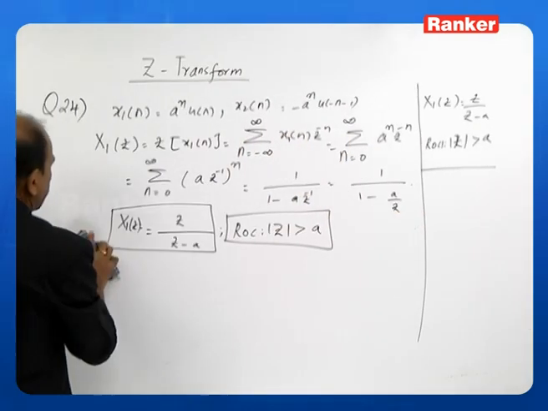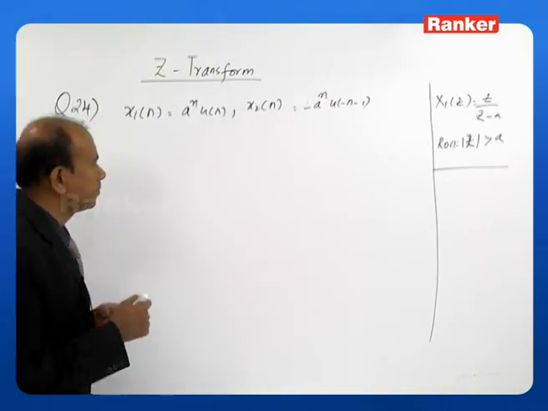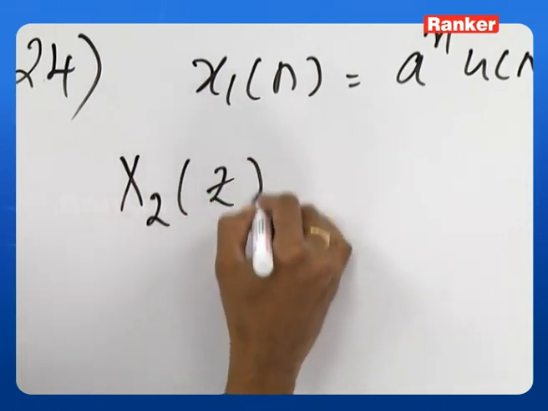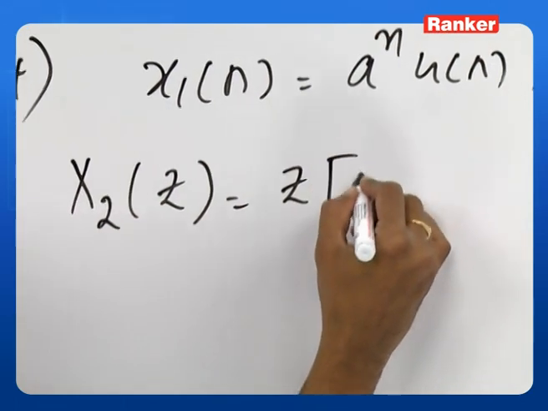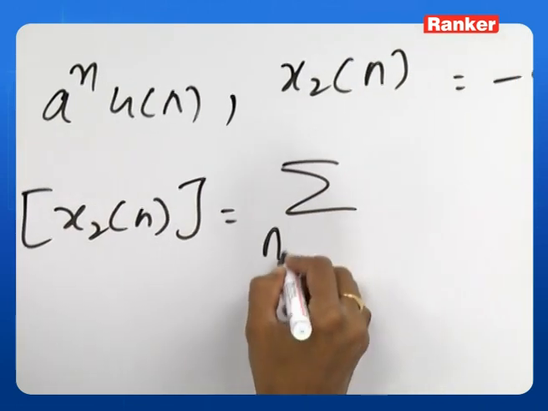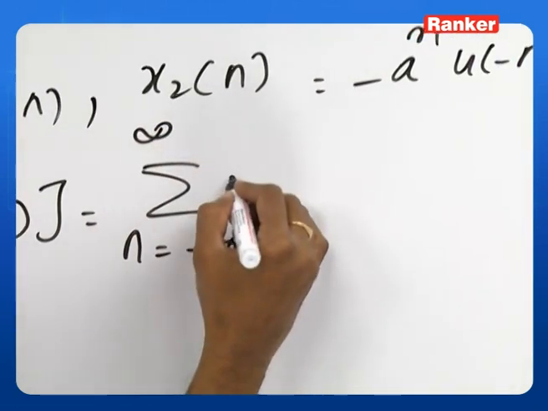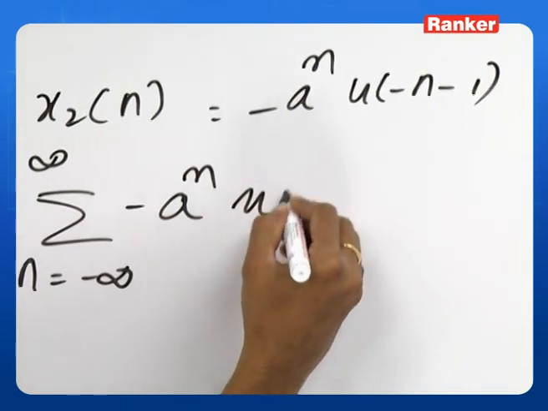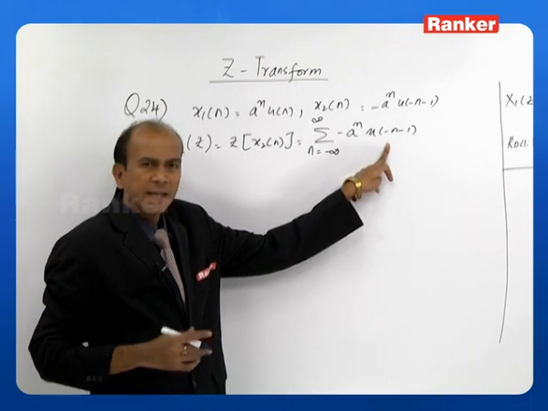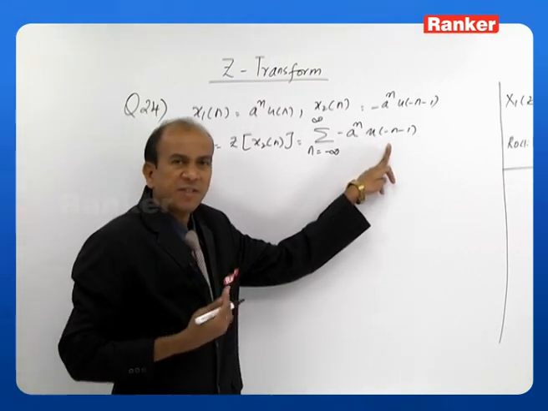Let us see the second case. Okay, so what is x2 of z for us? x2 of z is nothing but the z transform of x2 of n, that is the summation from n is equal to minus infinity to plus infinity of minus a to the power of n u of minus n minus 1. So you see here, this is n is equal to minus 1, so it is existing up to minus 1.